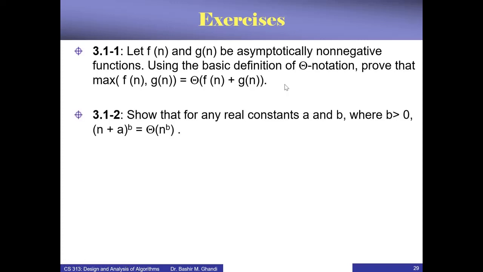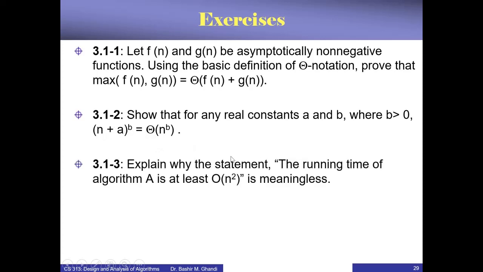Okay, show that for any real constants a and b, where b is greater than 0, (n + a) to the power b is actually theta of n to the power b. So the constant here doesn't change the theta. It is still just theta of n to the power b.